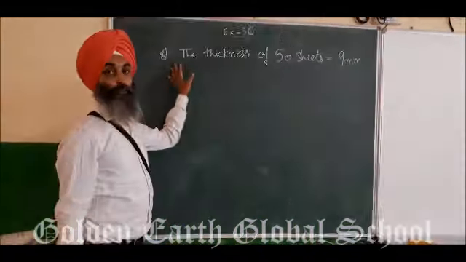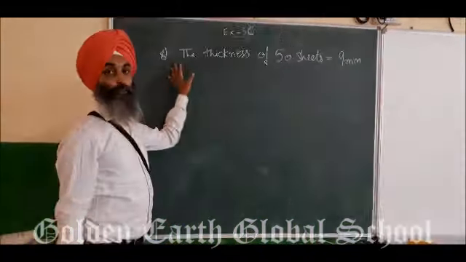So what will you do? Divide by 50. But before doing the division, we will convert into centimeter, because in the answer we have to give the answer in centimeter. So we know 1 centimeter is equal to 10 mm.